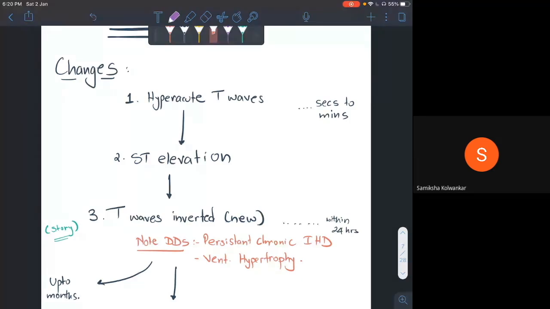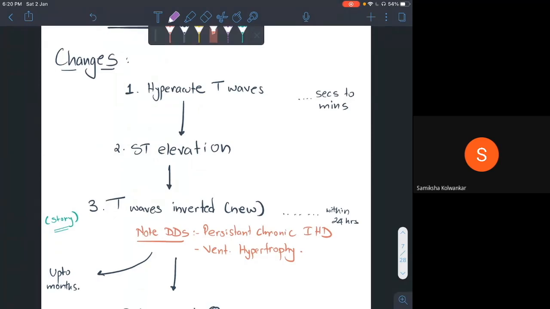But MIs don't always have an elevation or a depression when you're looking at them. For example, you're sitting with a patient, probably drawing bloods for a patient in the ICU, and the patient is connected to an ECG monitor, and it's going all right, and then suddenly you see hyperacute T waves, like really spiking T waves.